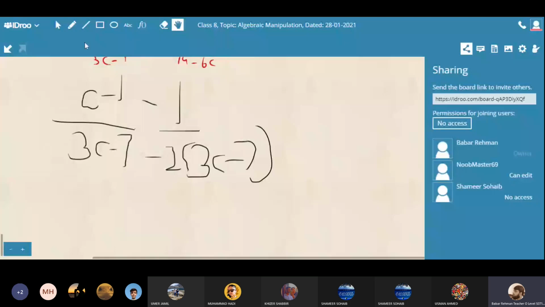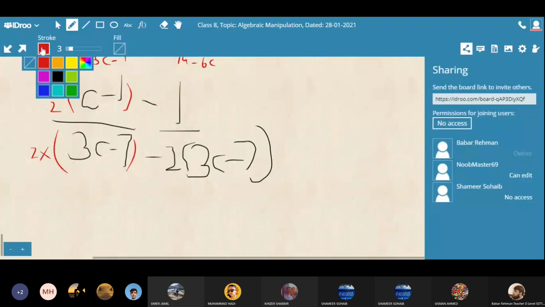Sir, first we made our denominator the same. How can we make the denominator the same? This is 3c minus 7, multiplying by 2, it will be the same. 2 and multiply by 3. And the other, nothing will be multiplied, there is already the same.